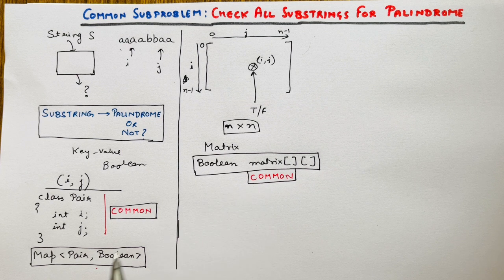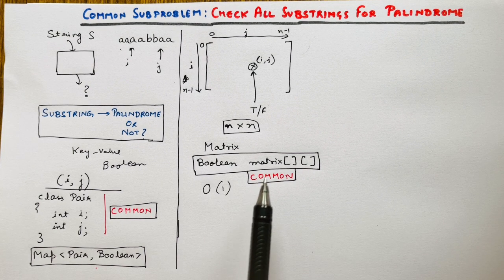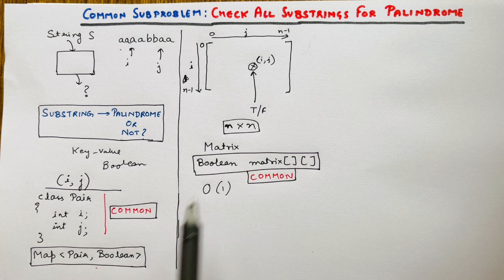In both matrix and in map, we will be able to retrieve the value for I comma j in just big O of one time, constant time. In fact, if we think about it, matrix is just a form of a map. So we can use either of these two to represent our output for the question.